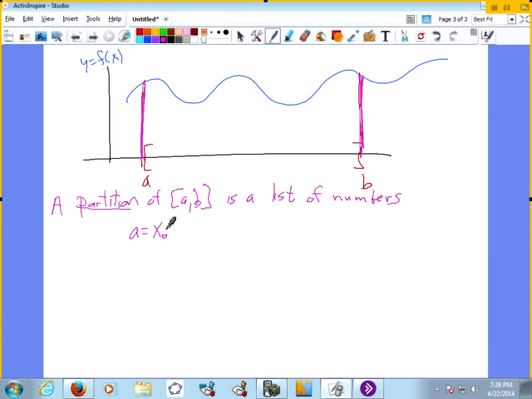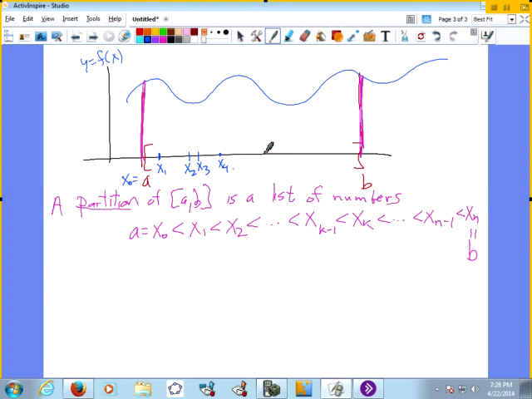The first number is x0, and that's less than x1, which is less than x2, which is less than, in general, less than x of k minus 1, less than x of k, x of n minus 1, which is less than xn, which is equal to b. So I can draw that graphically on here by saying x0 is always your left-hand endpoint, and then there's some point x1, and then there's some point x2, and some point x3, and x4.